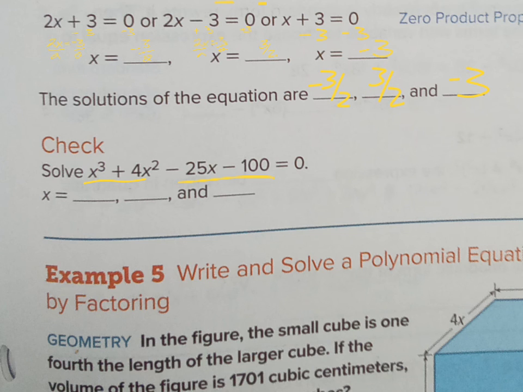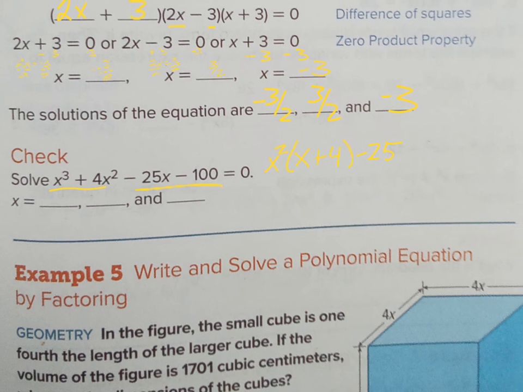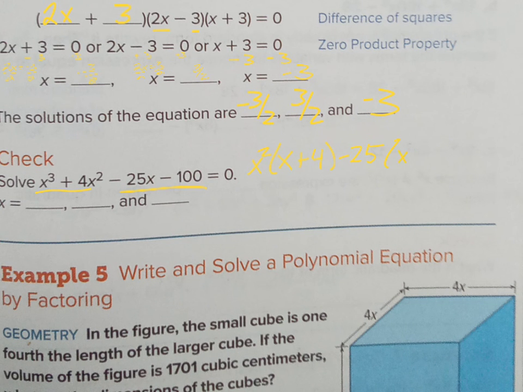I'm looking at this, and I can take out an x squared. If I take an x squared out of that, I'm left with an x plus 4. And then out of the next two, I can take a negative 25 out, and I'm left with an x plus 4.